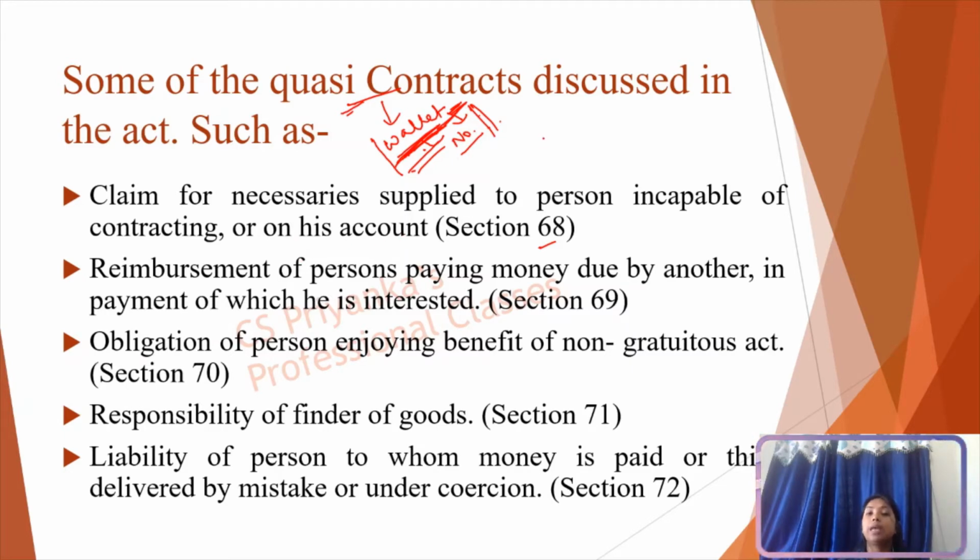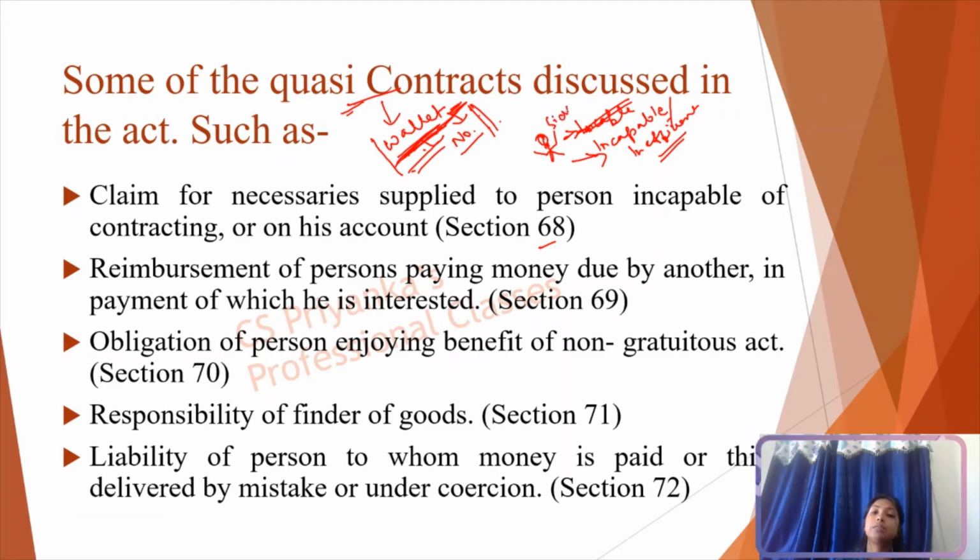For example, the actual person is incapable or inefficient to contract. It doesn't mean that this person is inefficient, meaning he is not capable of doing anything due to some reason, but maybe he's sick.